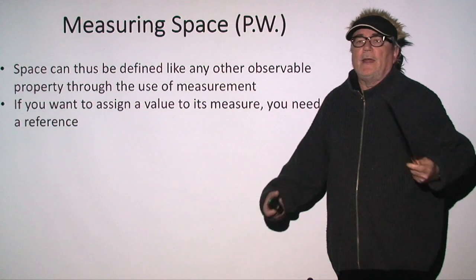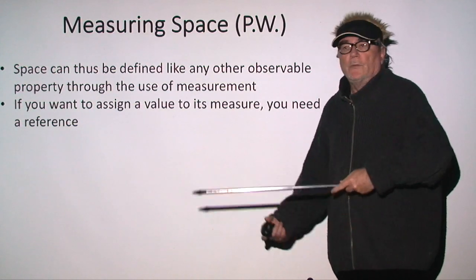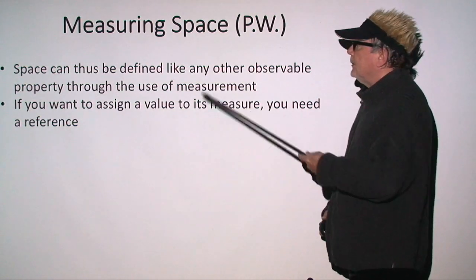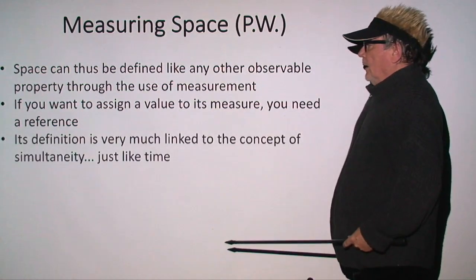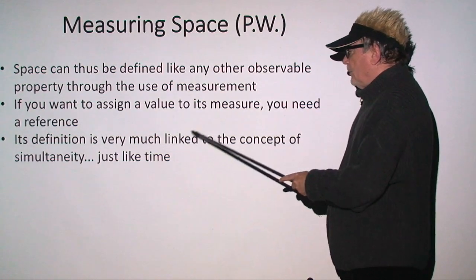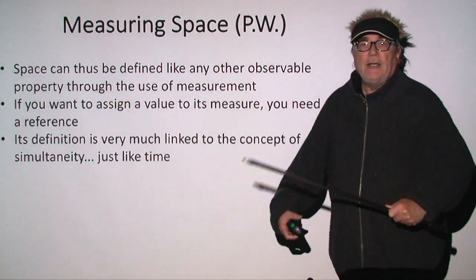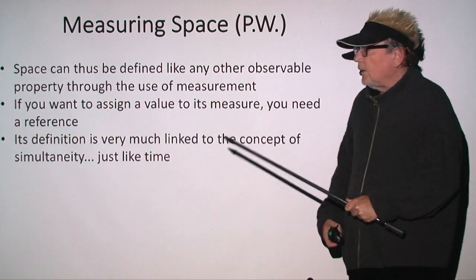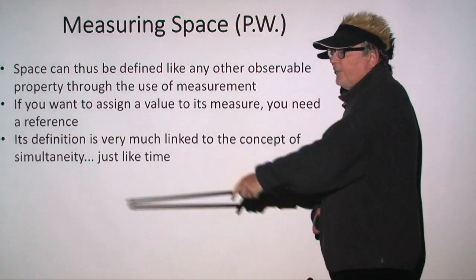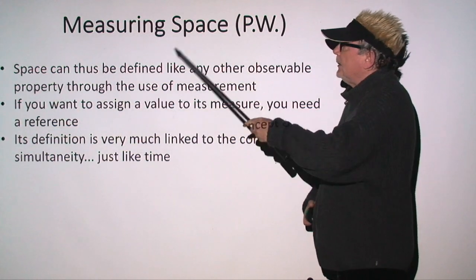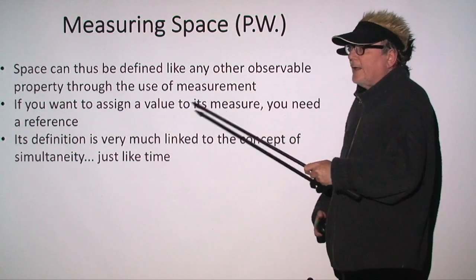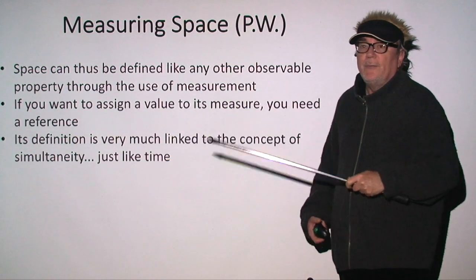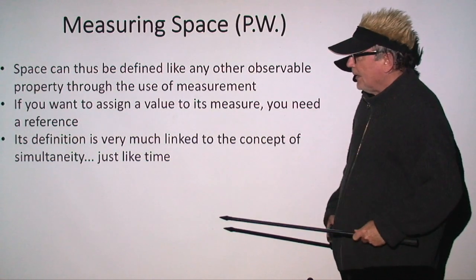As usual, we've seen that. The same in the mathematical world with the basis of vectors. Here in the physical space, you also need a reference. Finally, the definition is very much linked to the concept of simultaneity, as we've seen, because all the things we have designed in order to measure space were very closely related to the notion of simultaneity that we've seen before.